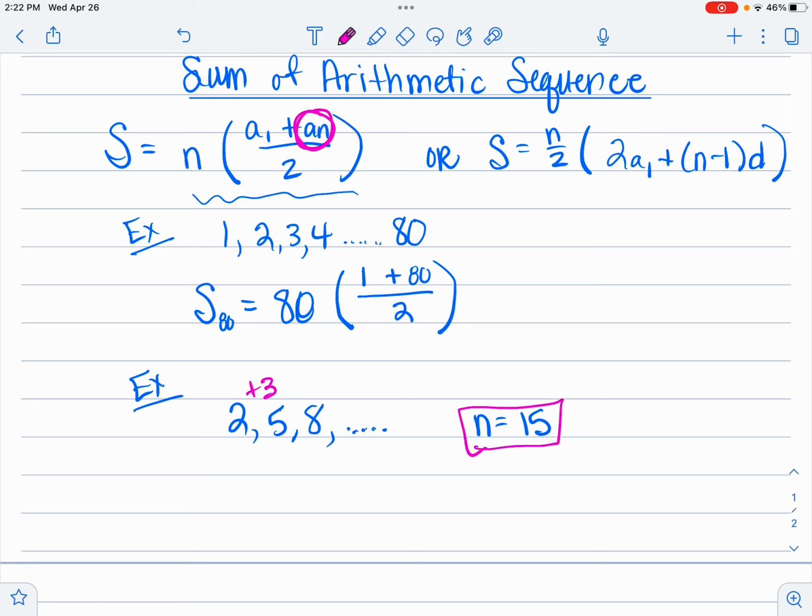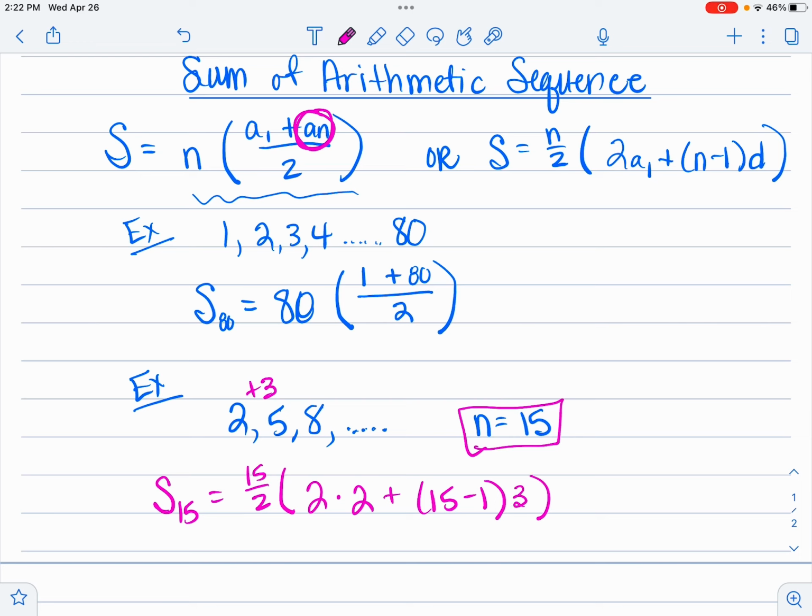So using that second formula, the sum of the first 15 terms is 15 divided by 2, times 2 times 2, because 2 is my first term, plus 15 minus 1, and then again comes the common difference, which is what we're adding, 3.